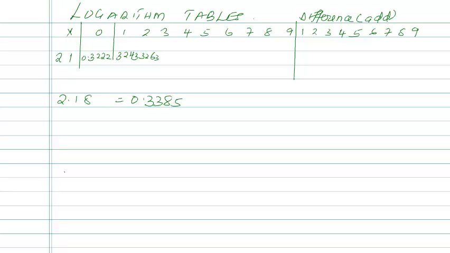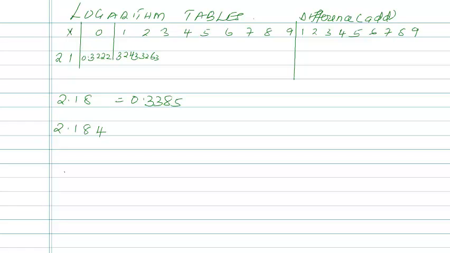The other example which I may think is 2.184. We said that that value is read in the columns after 0. But the fourth digit is read on the right hand side where we have the difference, which we need to add.